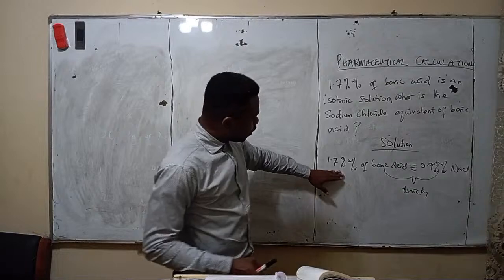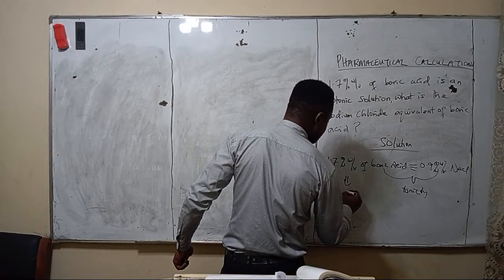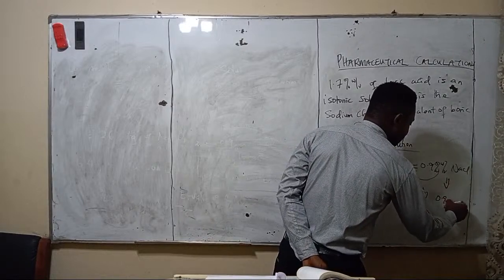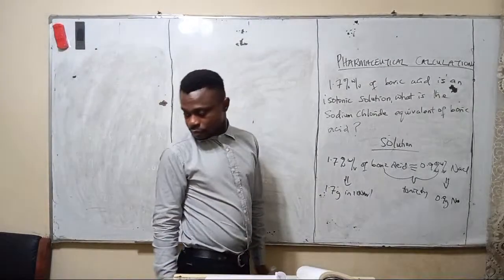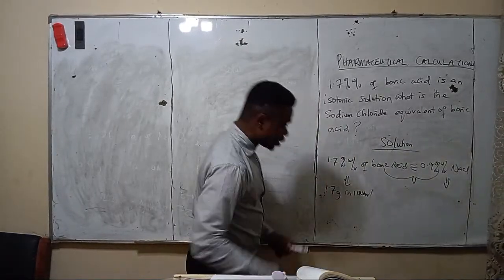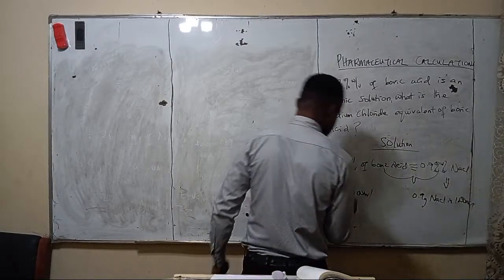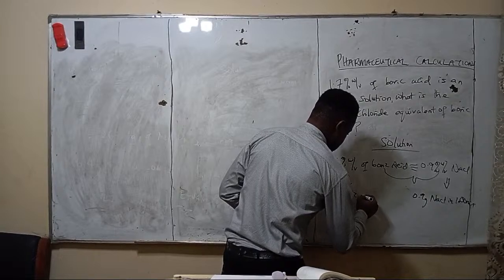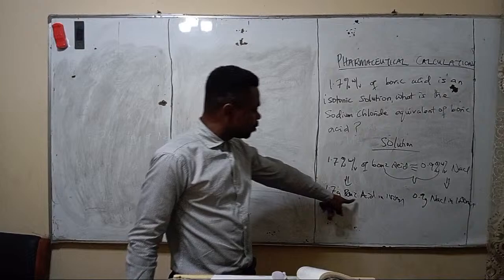Now, 1.7% weight in volume means 1.7 gram of boric acid in 100 ml solution.